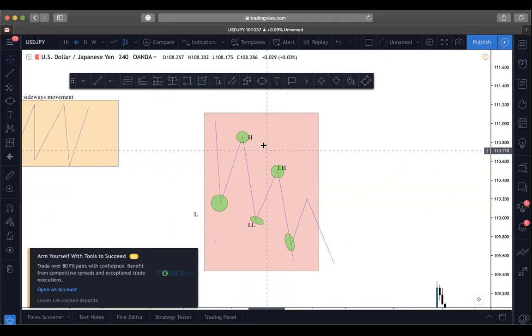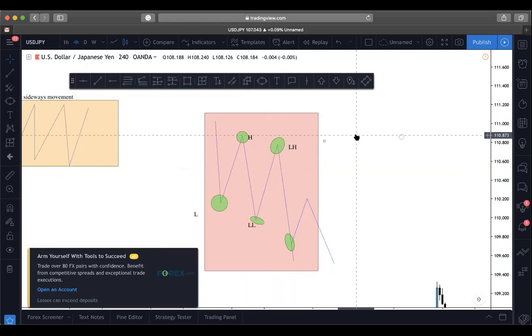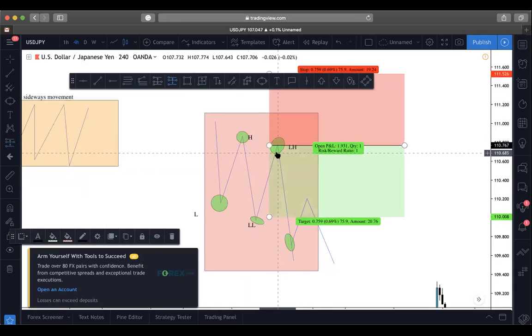So you're not expecting the market to make a higher high because it's in a downtrend, right? So even if the market reaches all the way up here, you know that it is a downtrend, and in a downtrend, the characteristics are lower lows and lower highs, right? So given you have a couple of reasons to take this trade, you can enter a trade right here.